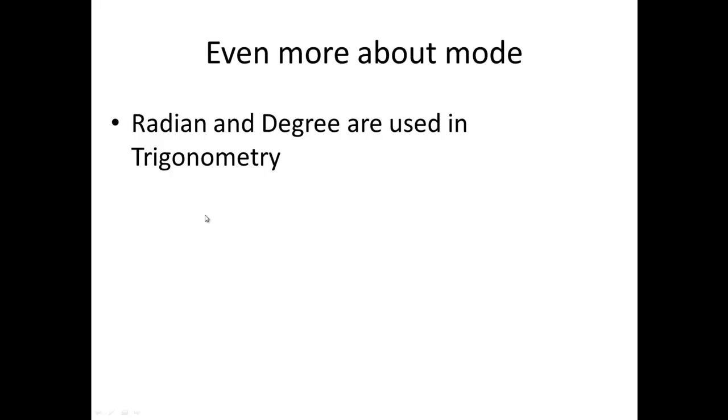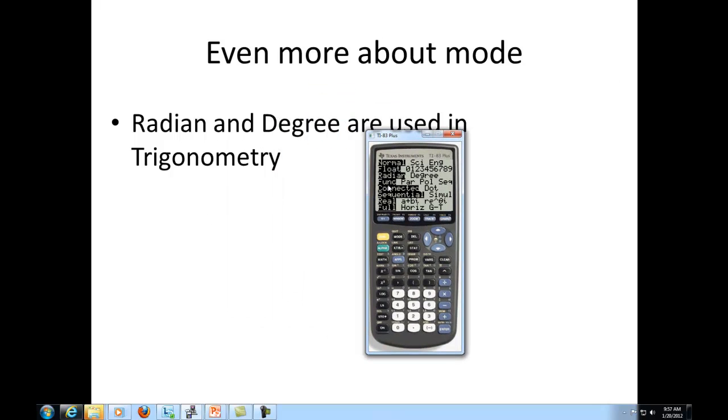The next line down, you can see that there is an option for radian and degree. Radian and degree are 2 different angle measures that whenever you're taking a trig class you may need to switch between. We're not actually going to cover trig at this time though.